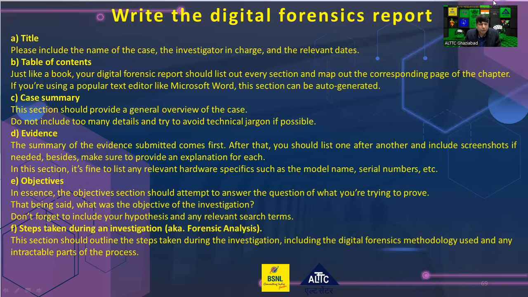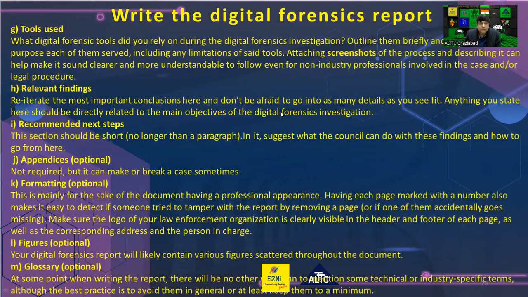This section should outline the steps taken during the investigation, including the digital forensic methodology used and the important parts of the process. Tools used. What digital forensic tools did you rely on during the digital forensic investigation?